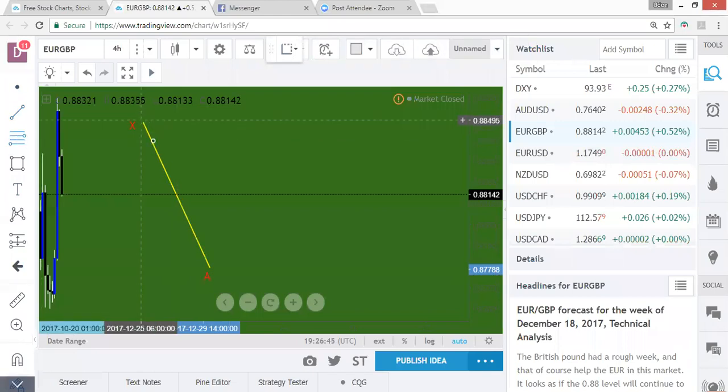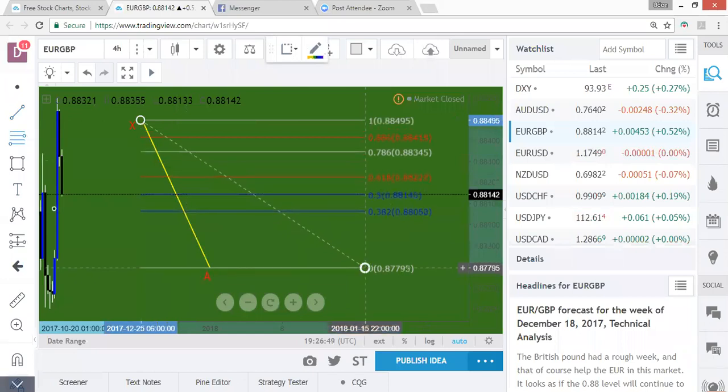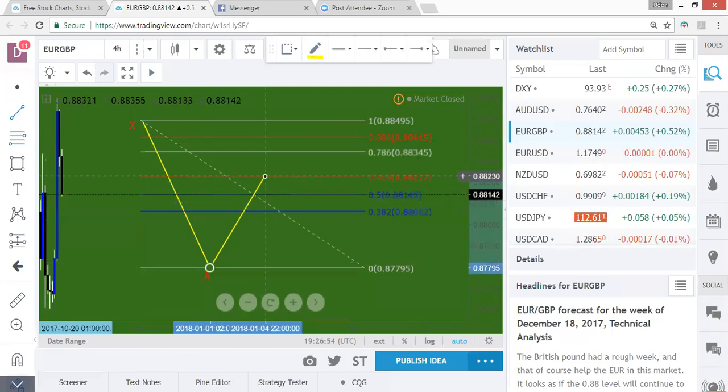Now for the Gartley pattern, which this is going to be a bearish Gartley, for our AB move, we need price to come all the way up to the 618 minimum. We need a minimum of the 618, yet we can't even touch this 786. If we touch this 786, the pattern's invalid, and we'll be looking for a butterfly or something like that. If we hit the 786, it's not a Gartley pattern.